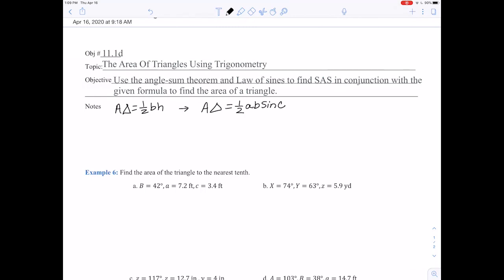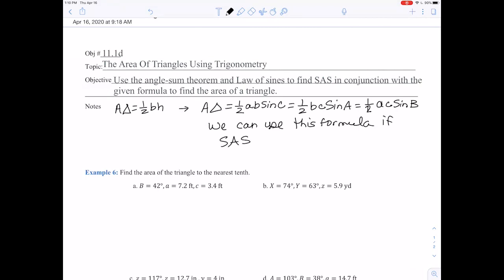If you have side A and B, so this is an example of side angle side, or it could be 1/2 of B times C and then the sine of A, or it could be 1/2 of A times C and then times the sine of B. And it's just really critical that we can use this formula if we have side angle side.